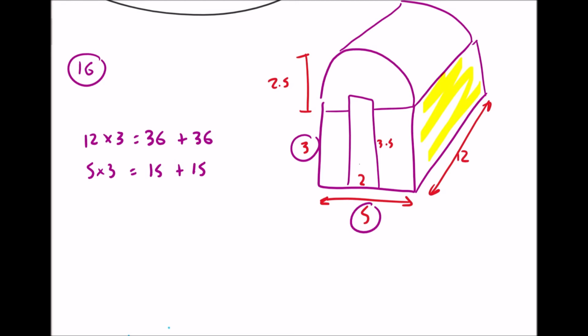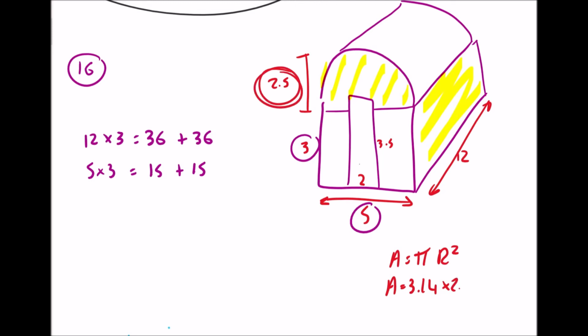Now we're going to get this bit up here, the semicircle. The semicircle, well, area equals pi r squared. But remember, we're going to have to divide it into 2. So area equals 3.14 multiplied by the radius, which is 2.5, squared.